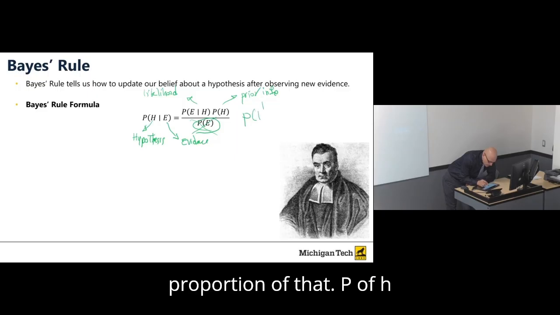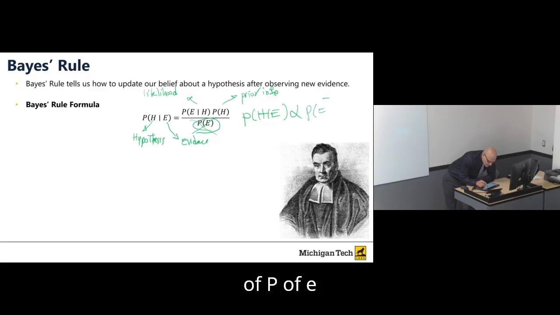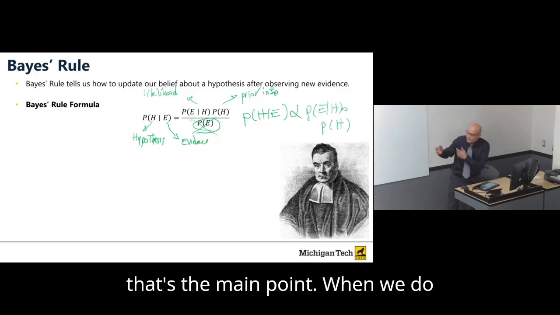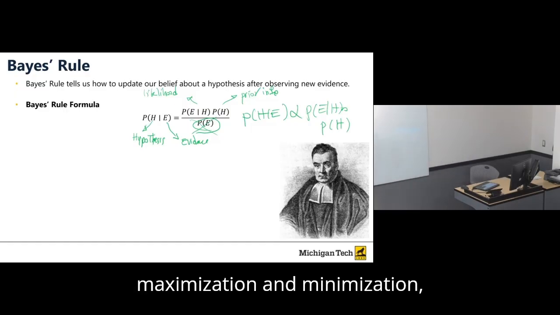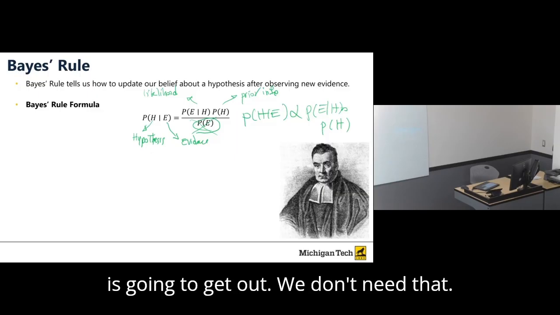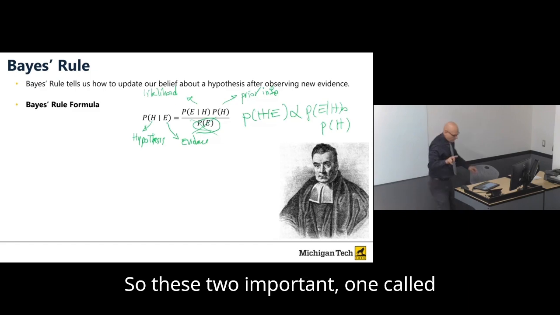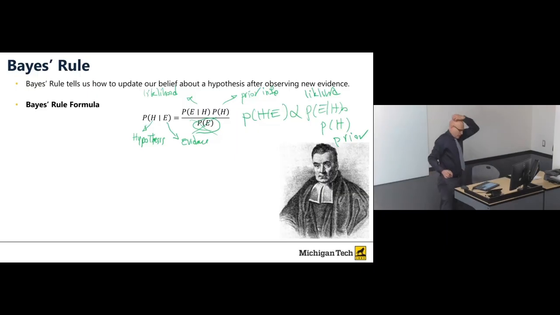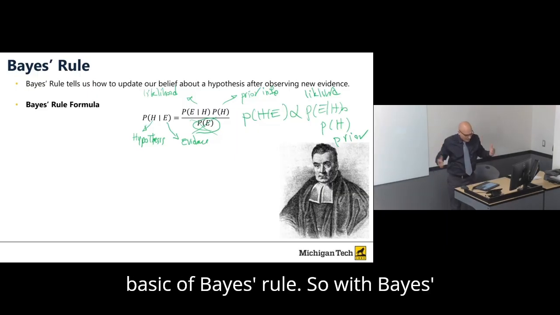P of H given E is proportional to P of E given H multiplied by P of H. That's the main point. When we do maximization or minimization, the part that doesn't have the hypothesis is going to drop out. We don't need that. So these two are important: one is called the likelihood and one is called the prior. Okay, that's very important. So this is the basic of Bayes' rule.